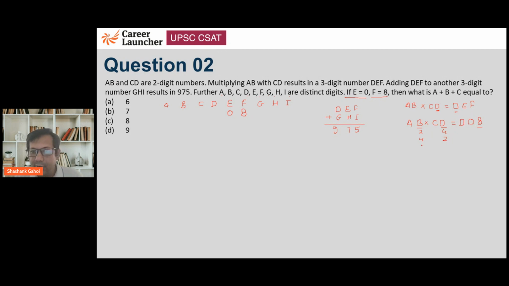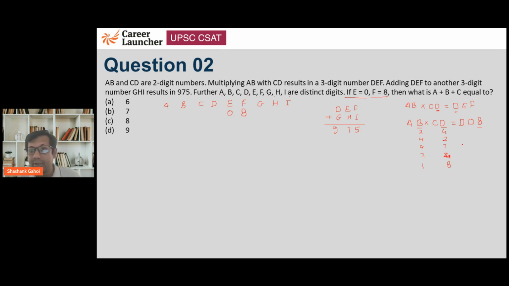Now we can have 4 sevens are 28, sorry, 7 fours are 28. So basically B can be 7 and D can be 4. So this might work out. Then it can be 1 and 8.